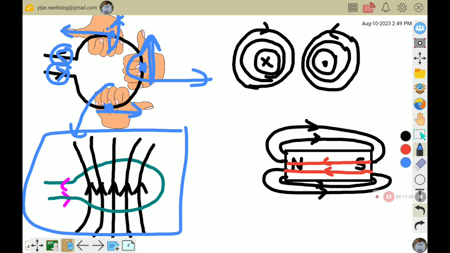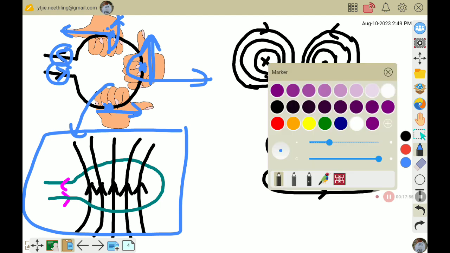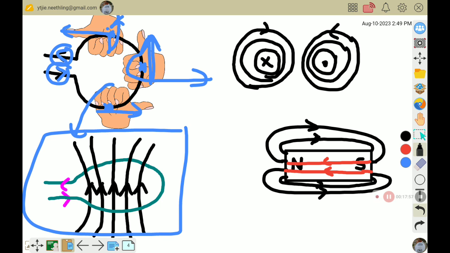Okay, so if we look at a permanent magnet, we will see that the direction of the field lines are always from the north to the south on the outside, but inside, because it is completing that circle, it's from the south to the north. And in that circle conductor, we can conclude that it's almost like the same as inside of a permanent magnet. So this side will be north and this side will be south.